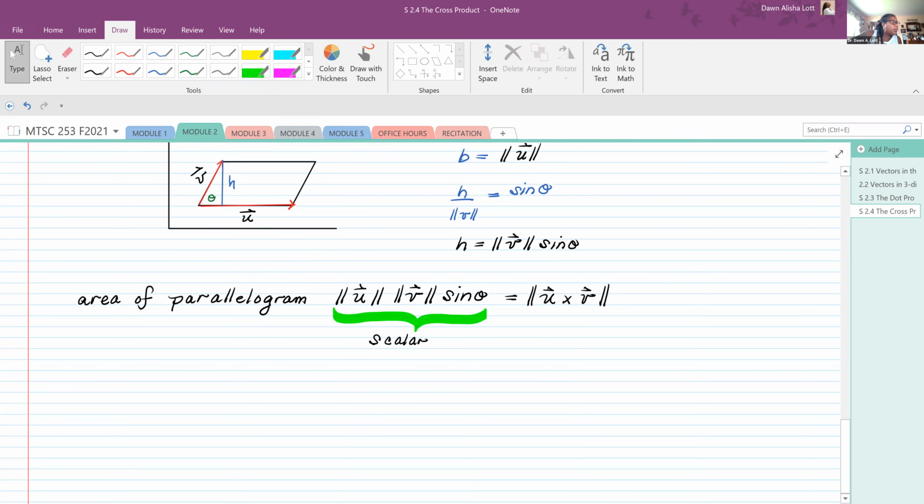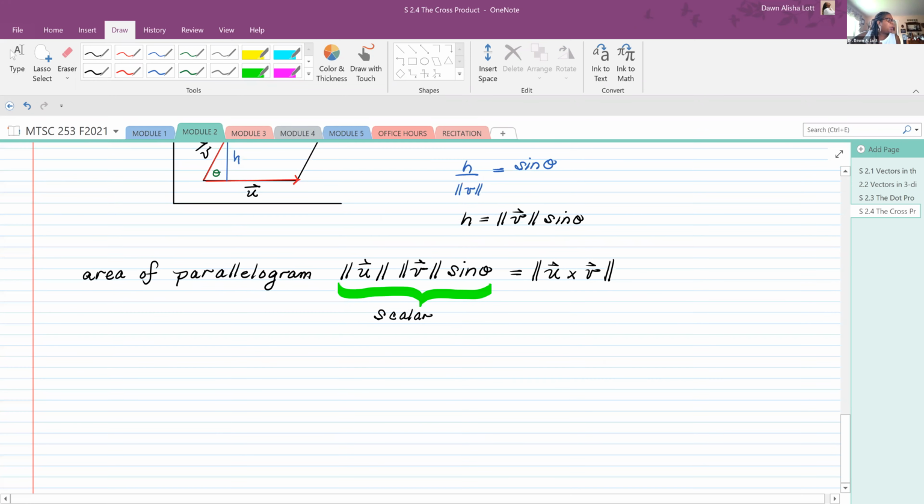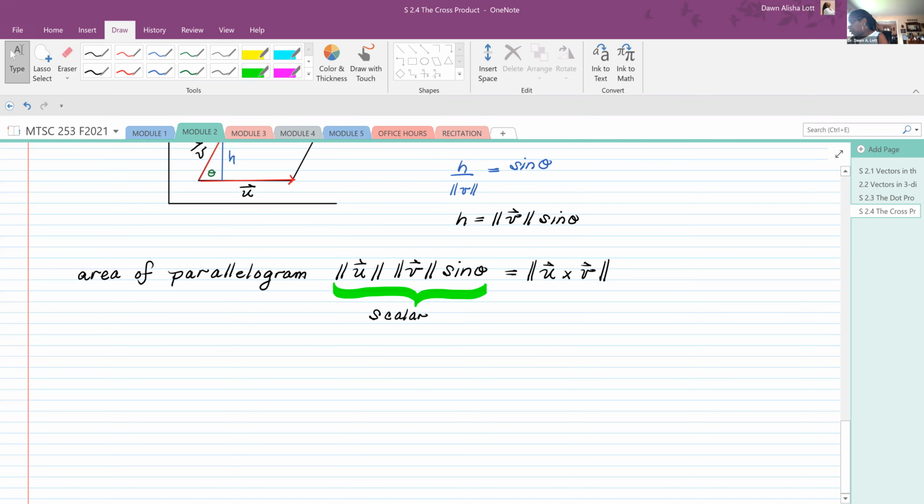Okay, so now what happens if you do V cross U instead of U cross V? So what happens?